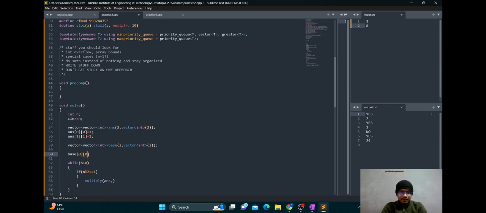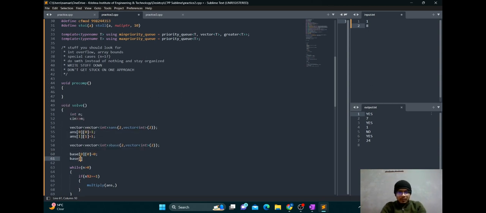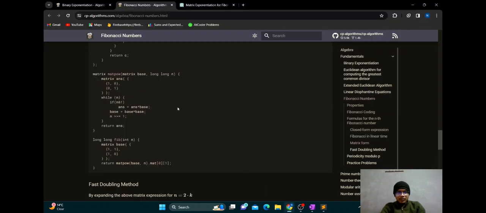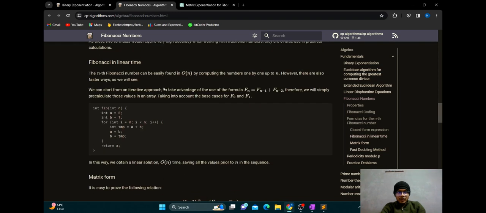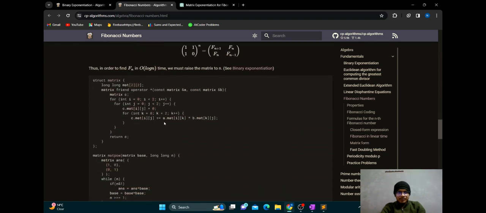Base of 0 0 equal to 0, base of 0 1 equal to 1, sorry, base of 1 0 equal to 1, in this position there is only 1, and base of 1 1 will be 0. Here is the base matrix.